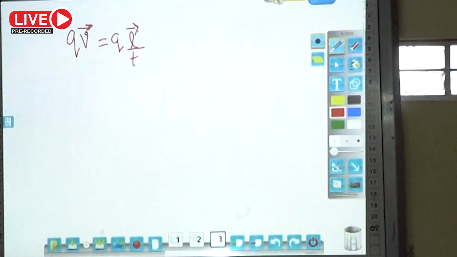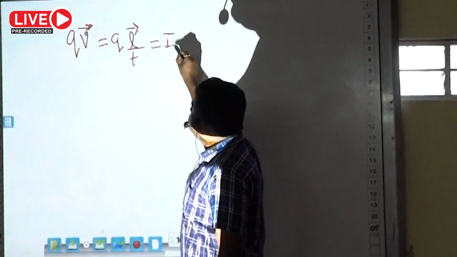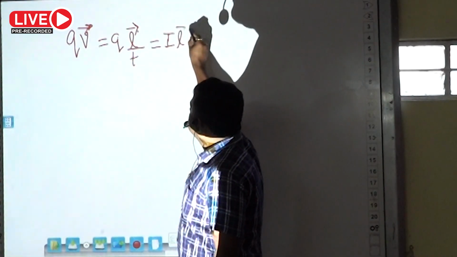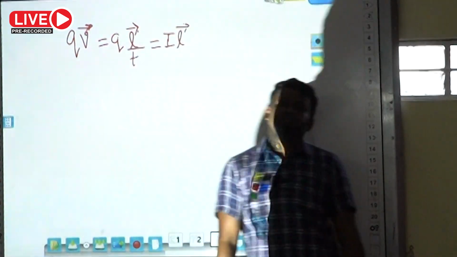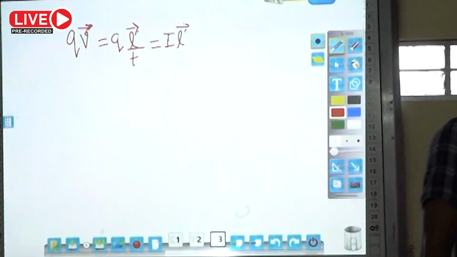Current. So I can as well write this expression as I into L: current into length of the wire through which current is flowing.